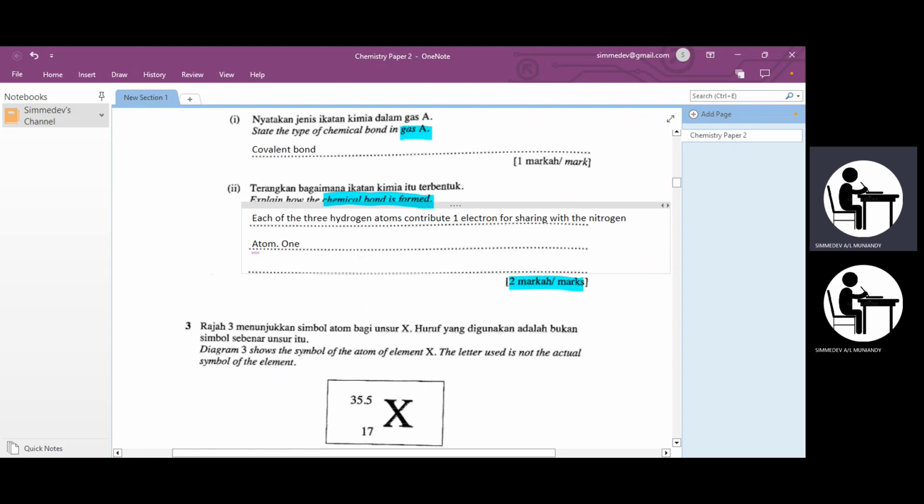One nitrogen atom has 1 pair of electrons with each of the 3 hydrogen atoms.